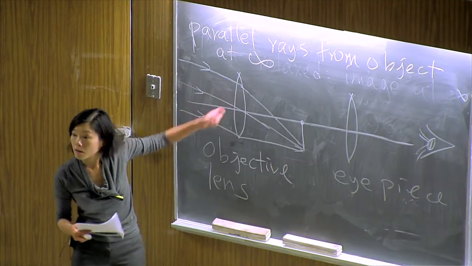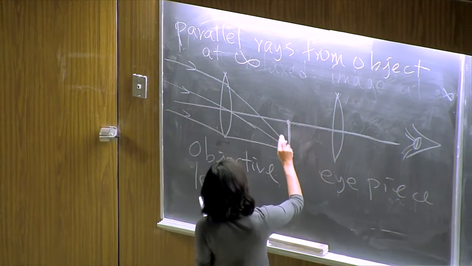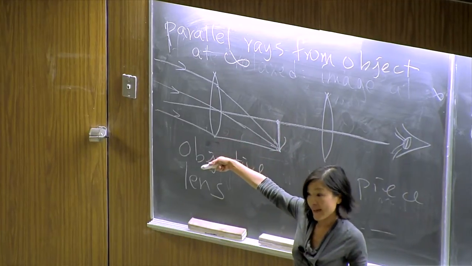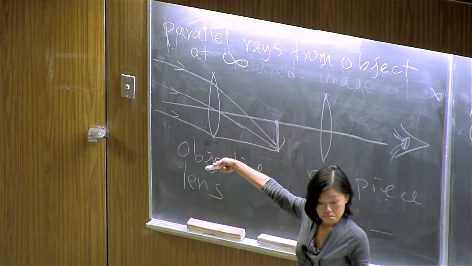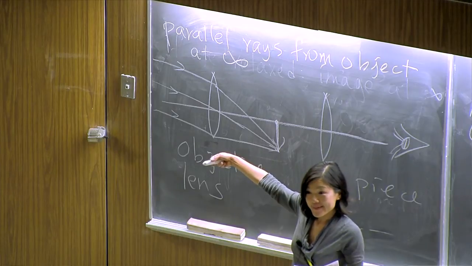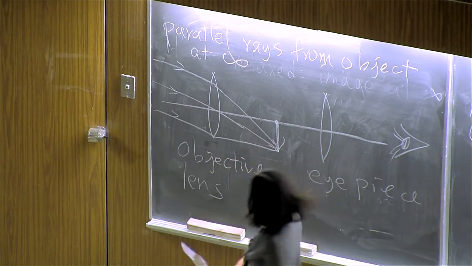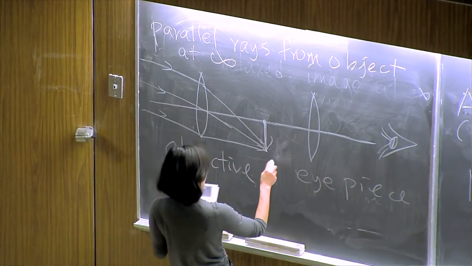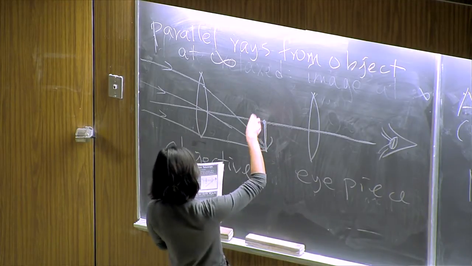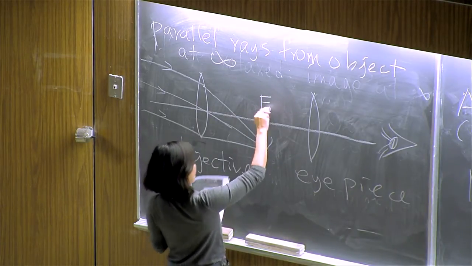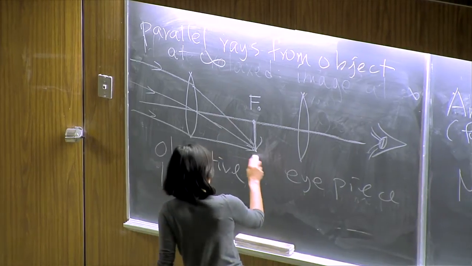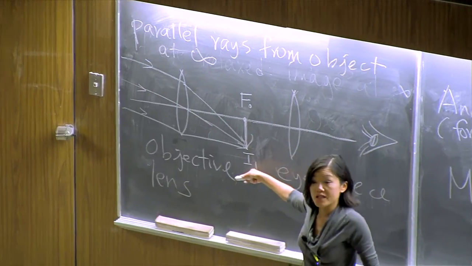This is the image formed by the objective lens. So here, let's call this point F0. So this is the first image.